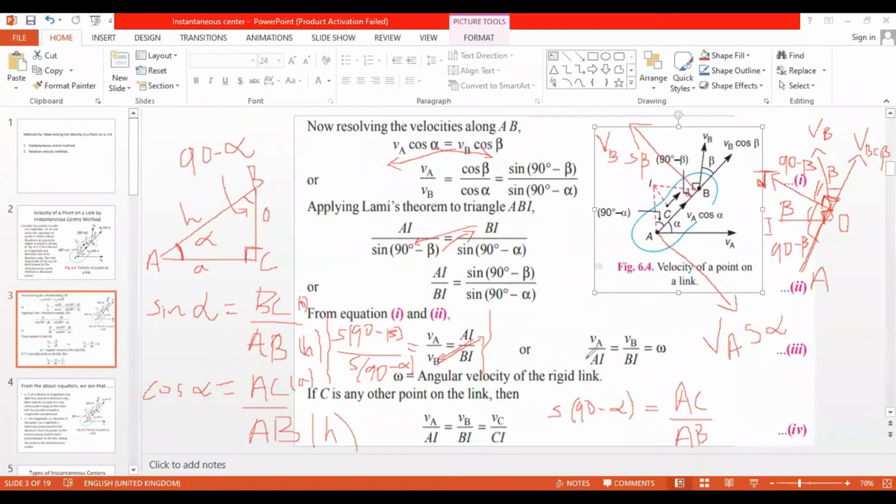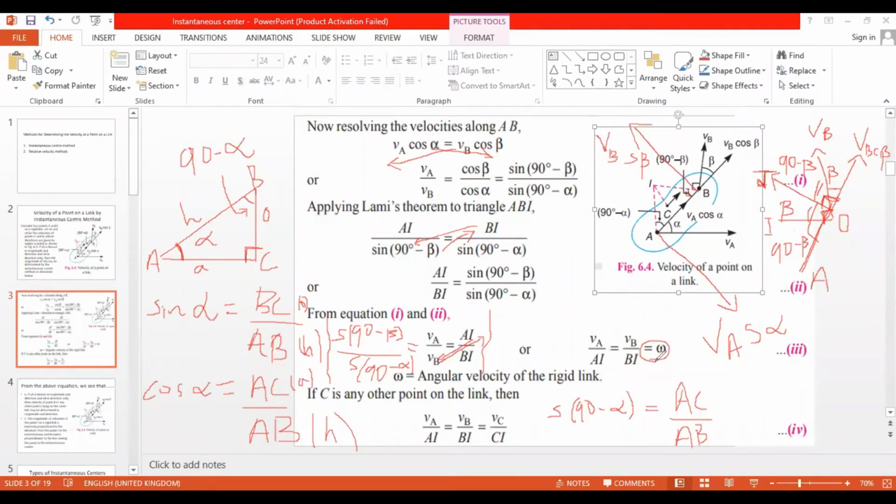So you know velocity upon distance will give you the angular velocity, omega. VA upon AI is equal to VB upon BI is equal to omega. So even if the velocities are varying at different points on a link, the omega, that is the angular velocity, is the same, right?